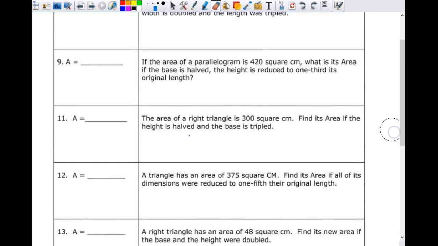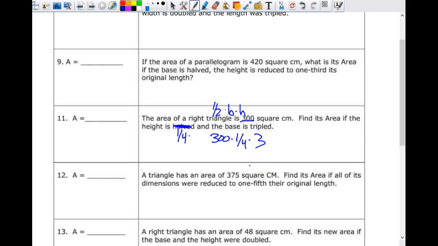All right, let's change this instead of halved. Let's change it to quartered. We know the formula is 1/2 base times height. And then the shortcut tells us it's 300 times 1/4 times 3.